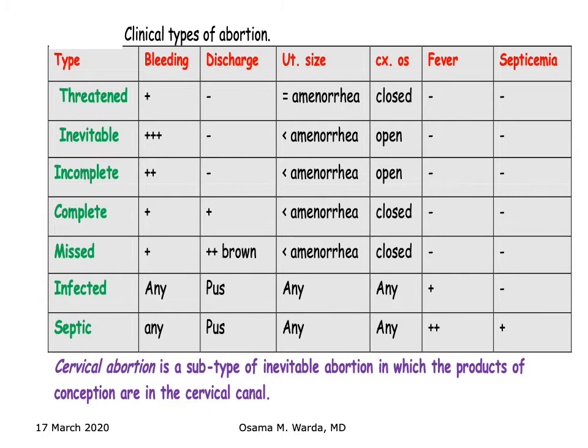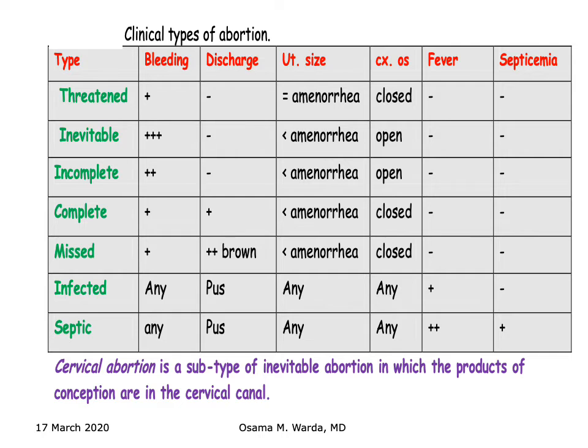Inevitable abortion has the largest amount of bleeding among these clinical types, and the uterus is less than the period of amenorrhea and the cervix is opened, and this is the most diagnostic feature. Incomplete abortion, moderate bleeding, size is less than the period of amenorrhea, and the cervix is opened.